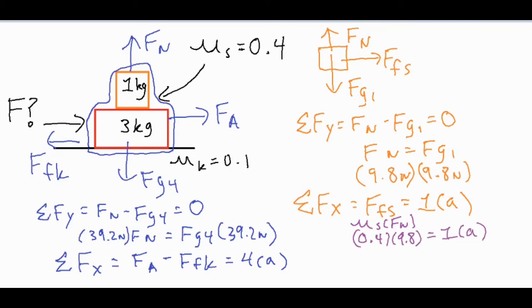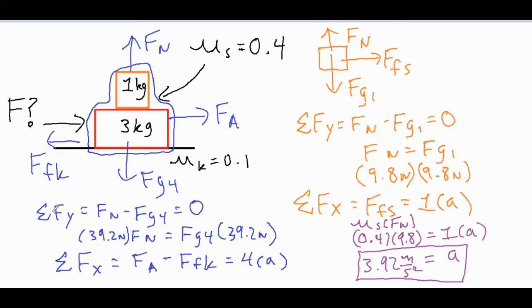So you would divide both sides by 1, which wouldn't change the value, and then your acceleration would come out to be 3.92 meters per second squared, which is going to be helpful because if that little 1 kilogram block is moving at 3.92 and it's connected to the 3, not rigidly connected, then we know that basically everything else in the system is accelerating at 3.92 meters per second squared.